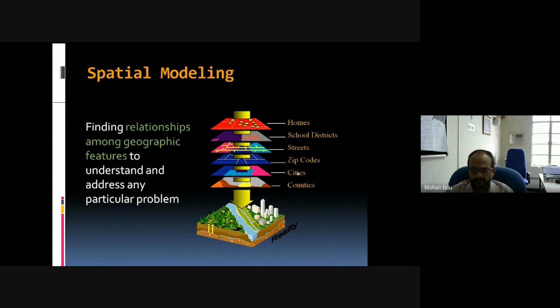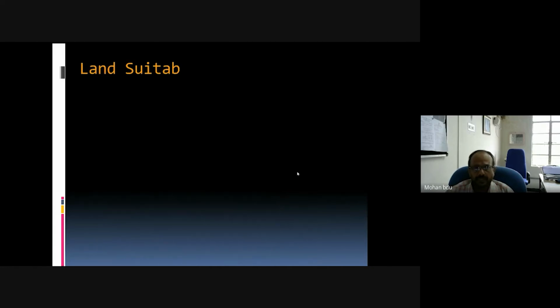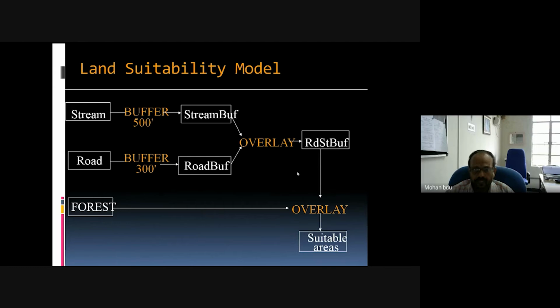And there are many models that are being used in spatial data analysis, and most of them are GIS based models. Here, for example, we can use the land suitability model.